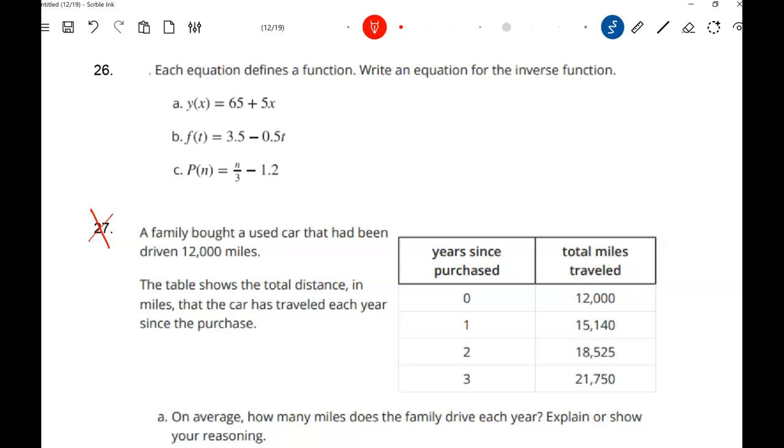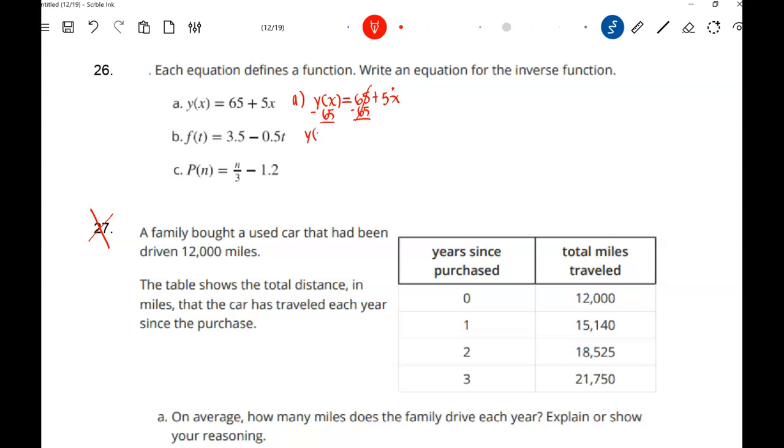Number 26 says each equation defines a function. Write an equation for the inverse function. So for part A, it's solve for y of x. The inverse is solve for x. So I'm going to subtract 65 first. The 65s are gone from the right.